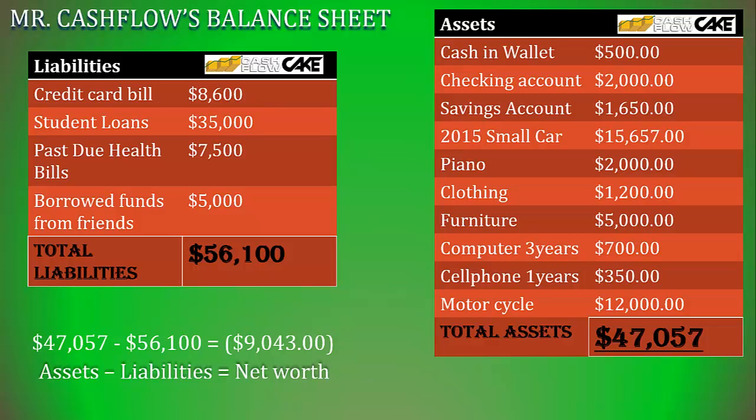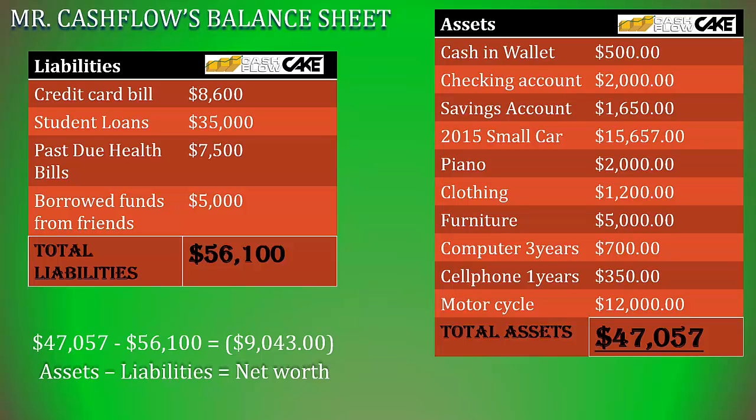So your assets are $47,057. If we take the $47,000 in assets, subtract the $56,000 that we owe, we have a negative $9,000 of net worth.